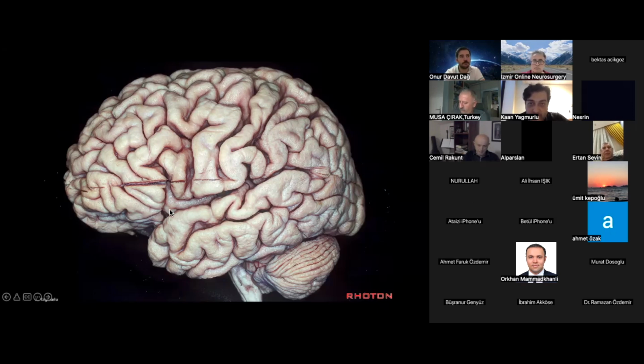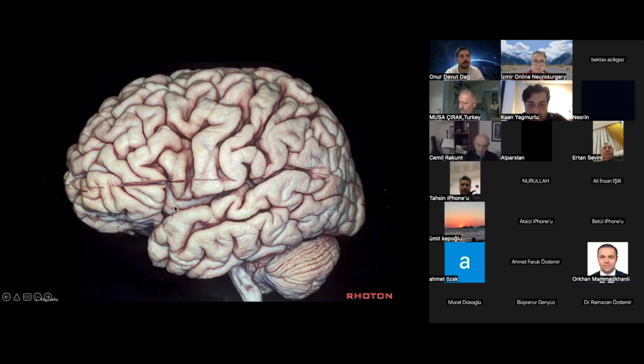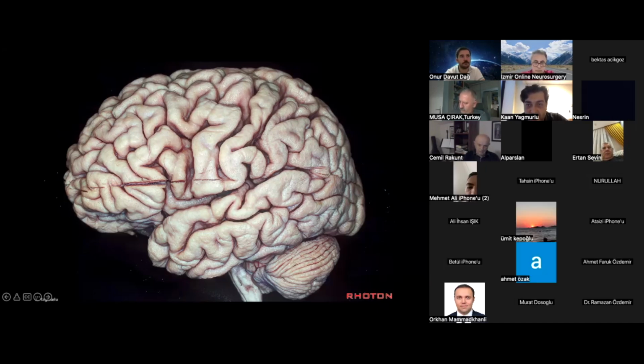What else do we see here? If you follow the sylvian fissure all the way to the very end, it takes us to the supramarginal gyrus. And if I follow the superior temporal sulcus, it takes us to the angular gyrus, which is the inferior parietal lobe.